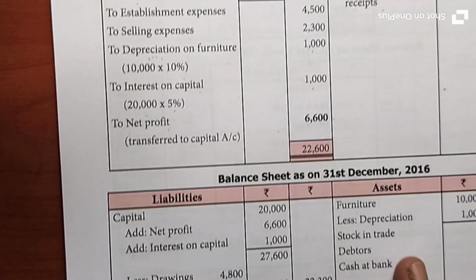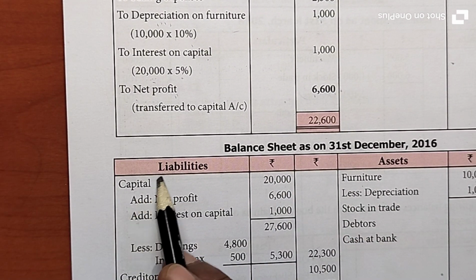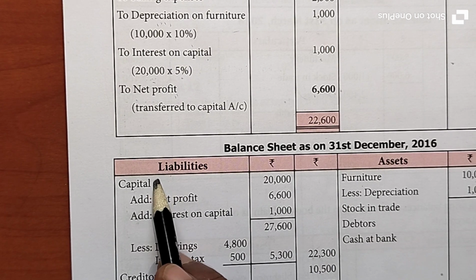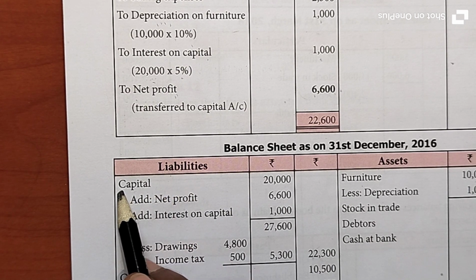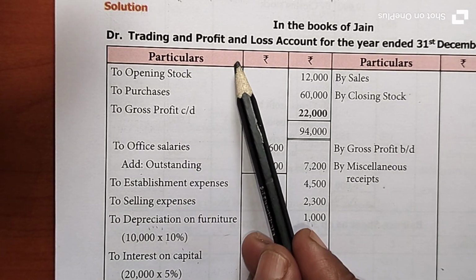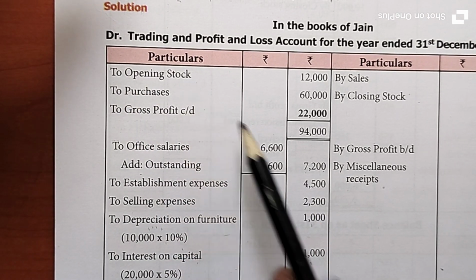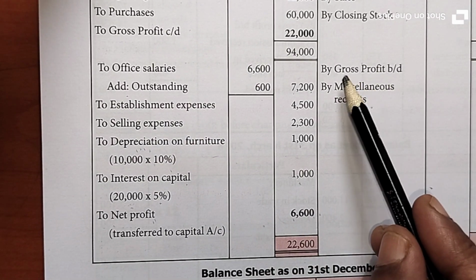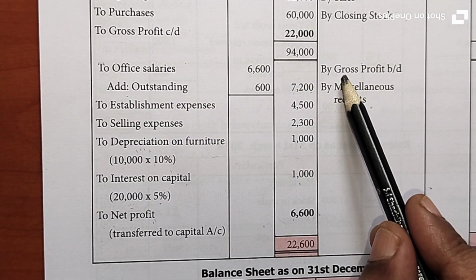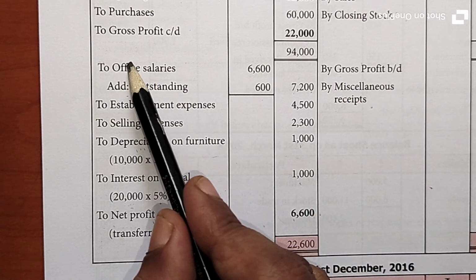Let's go to the balance sheet. Balance sheet always starts with the liability side. As per the format of the liability side, we always start with capital. Listen, as per the format of the trading account, we always start with opening stock. In the same way, whenever we start the profit and loss account, we always start with gross profit or gross loss.